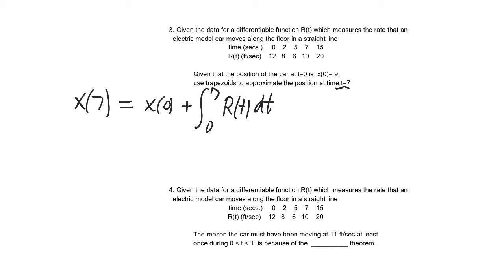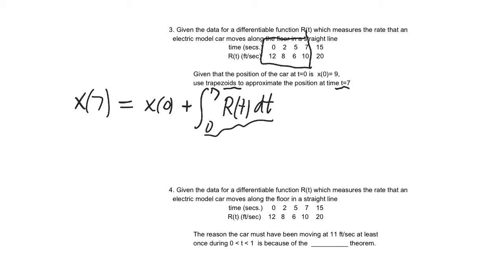And the net change can be found by integrating r of t. They ask you to do this using trapezoids. So this integration right here has to be done by trapezoids. Notice that I only want to do it up until 7.